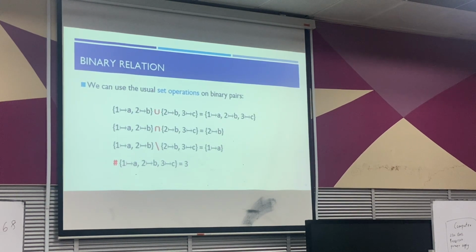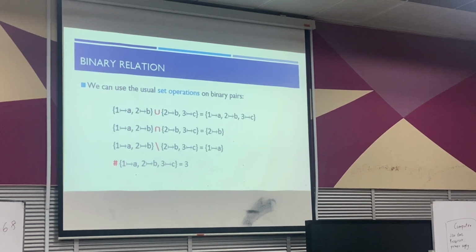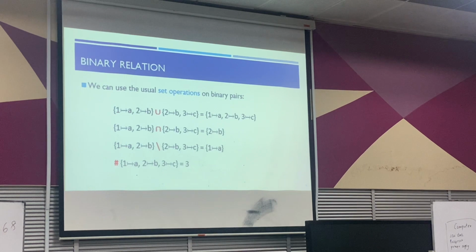If you want to override or update, you use the override symbol and so on. So these are the operations that you can do with your relation. You don't have to worry about whether there are other operators. No, you just use whatever you have learned previously, union, intersection and so on, with your binary relation.